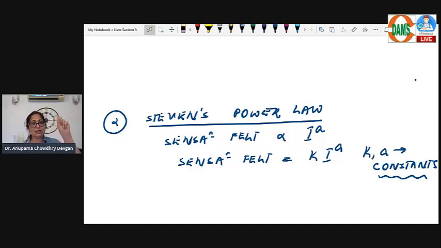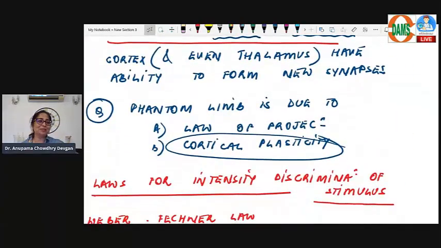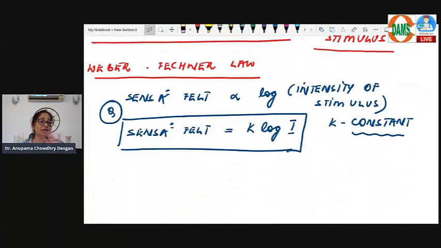So we've done 4 laws: Bell-Magendie law, law of projection, then the Weber-Fechner law and Stevens. All of them have been asked as questions.